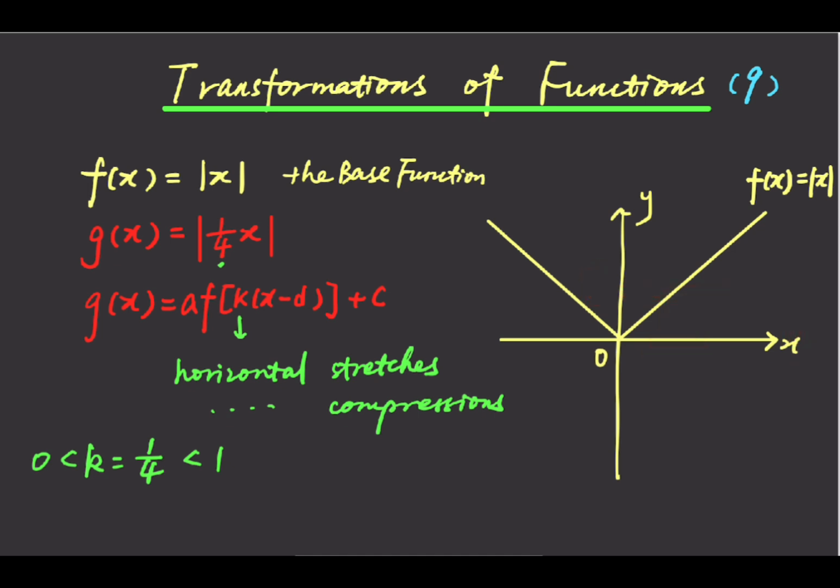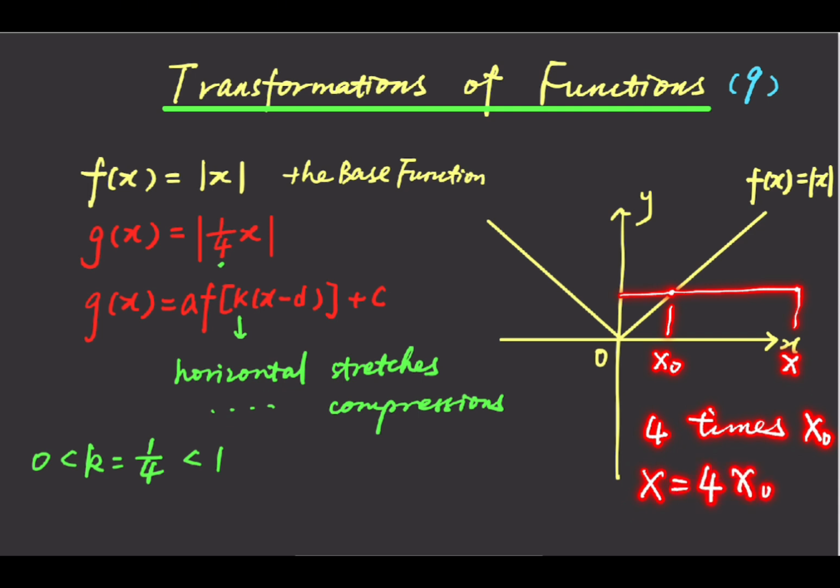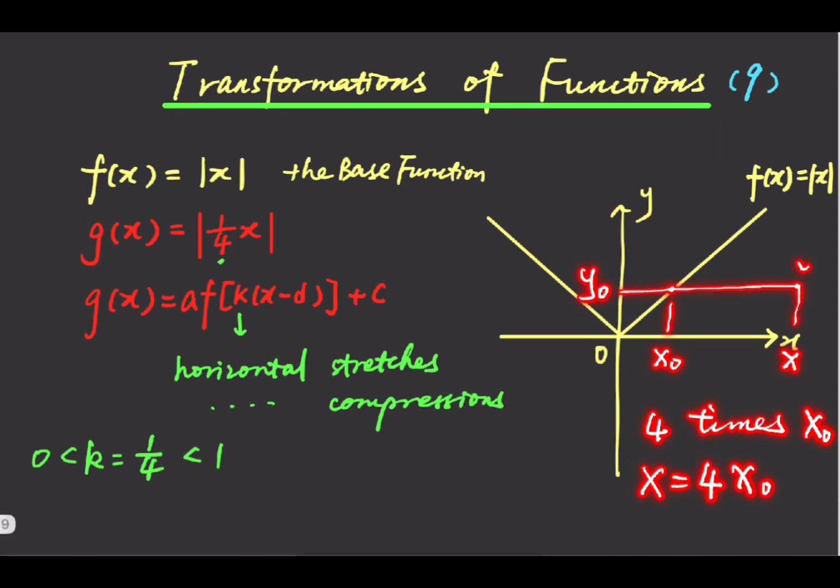On the transformed curve, the transformed x-coordinate should be 4 times x0, but y0 should be the same. For every point on the base function, we need to do the same transformation. So you can figure out the new transformed curve should be like this.